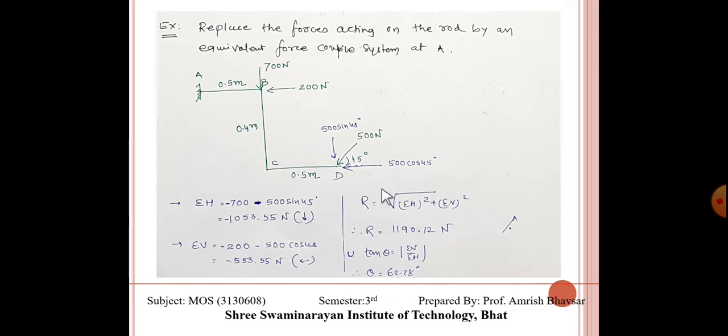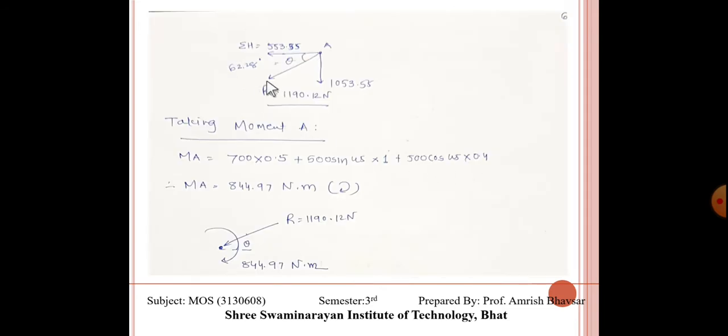So we will get the resultant force in the third quadrant, and that is 553.55, and here the vertical is 1053.55. So the resultant force we get is 1190.12 Newton, and the angle we will get is 62.28 degree.